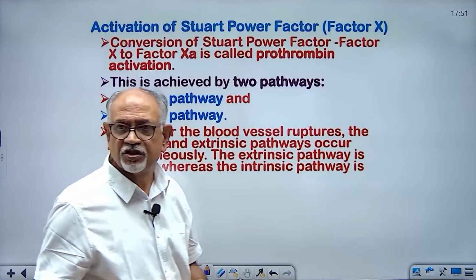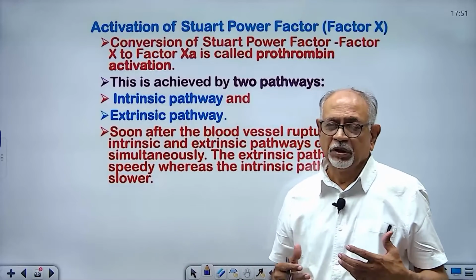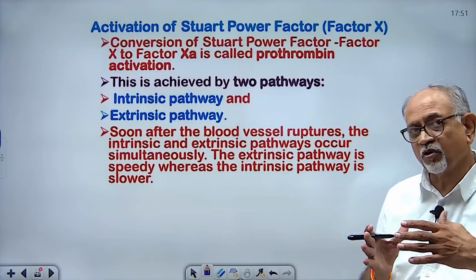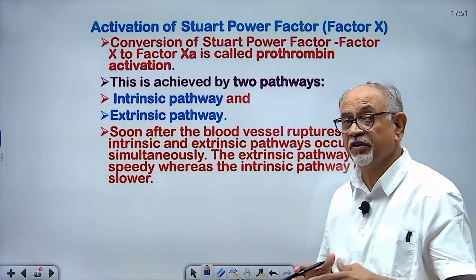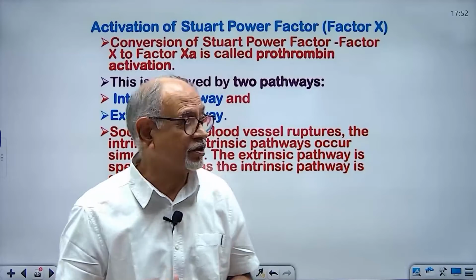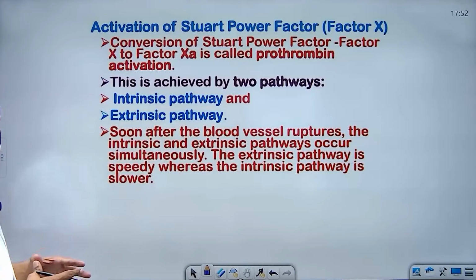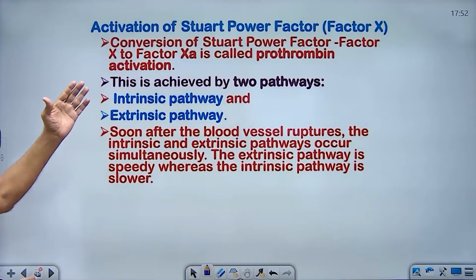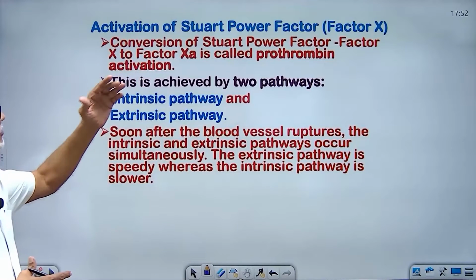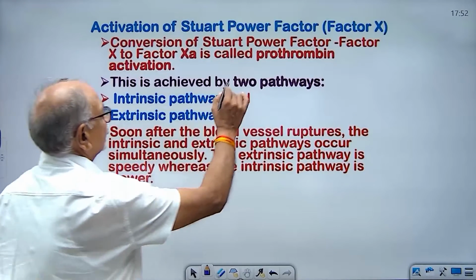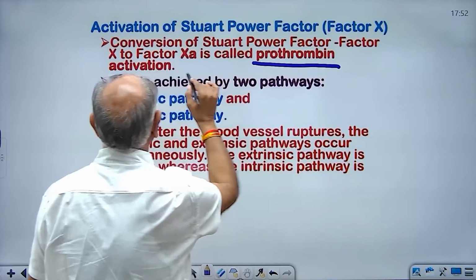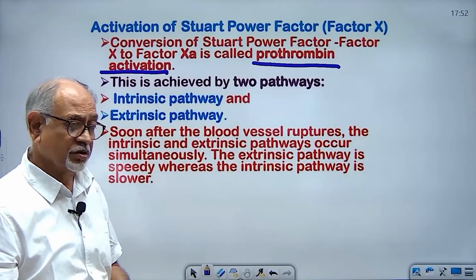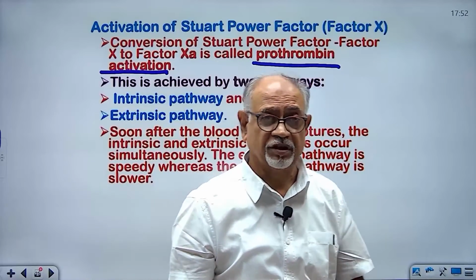Now, as we have seen just now, the most important thing in the process of coagulation is the activation of factor number 10. So, the conversion of Stuart-Prower factor 10 into factor 10A, this phenomenon is called prothrombin activation. This is achieved by two pathways.